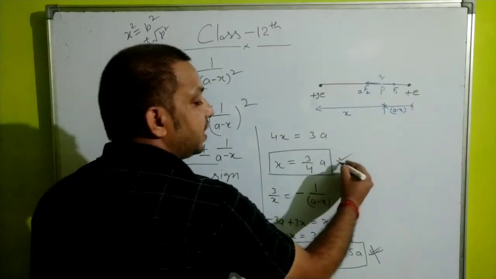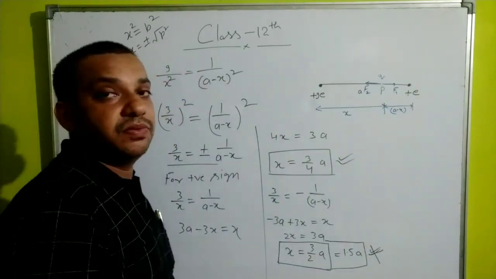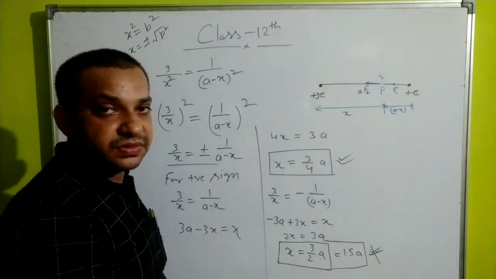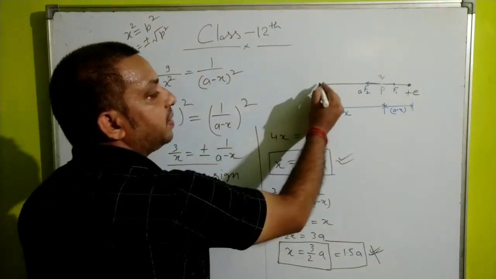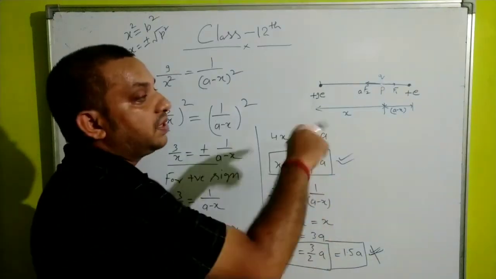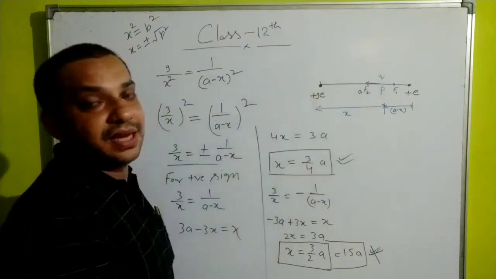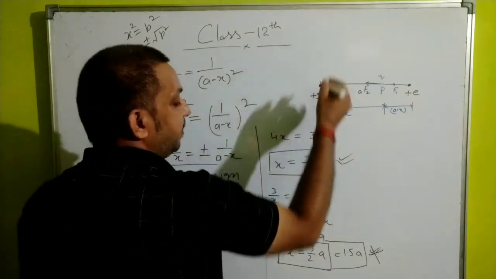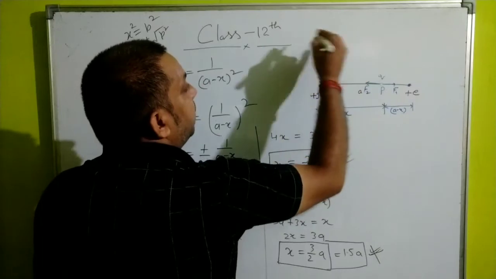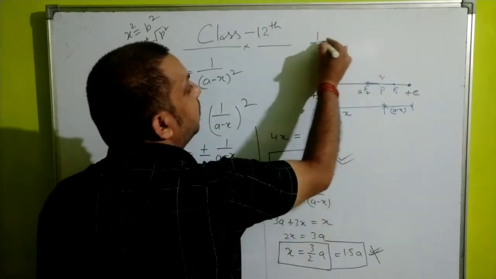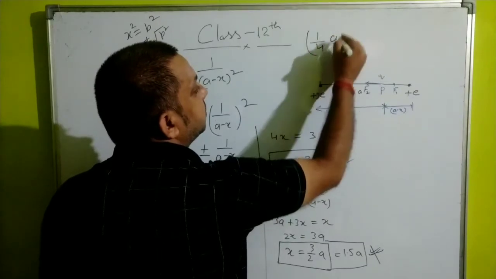So we have only one answer, x is equal to 3 by 4 a. This is the position of the third charge from this plus 9e charge. If the question asks the location of the third charge from the plus e charge, the separation is a minus x. So simply, you can find the value. The required distance will be 1 by 4 a.